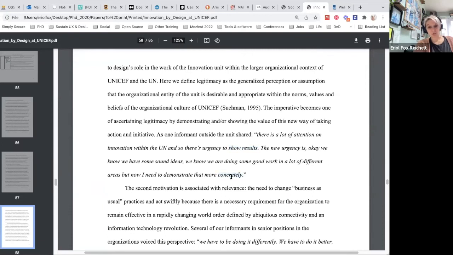Again, we've got this same word concretely, and demonstrating things concretely, which again, as we've said multiple times, doesn't necessarily work in good partnership with this design inquiry role that is valued anecdotally from the data in this case study. People have their quotes about it being valued, but it is hard to demonstrate that concretely.